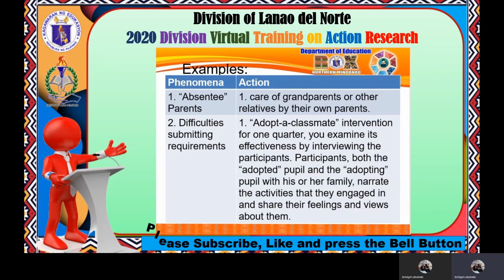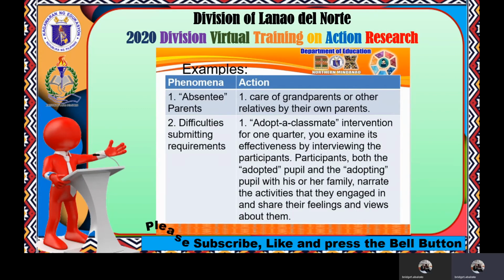Narrate the activities that they engage in and share their feelings and views about them. From time to time, they are going to keep a journal about their experiences between the adopted pupil and the adopting pupil.